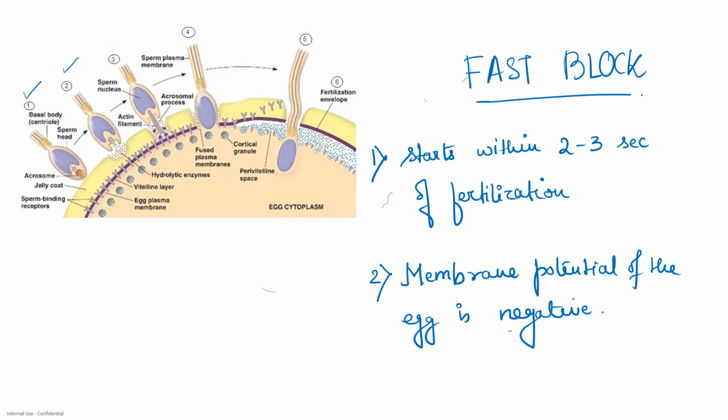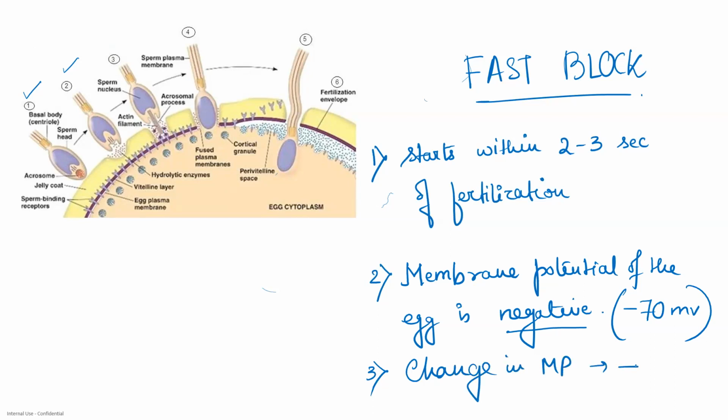There will be some change in the membrane potential, and this negative membrane potential changes to positive. It is initially around minus 70 millivolts. This changes to plus 20 millivolts, which is not at all required for sperm binding. Sperm doesn't need a positive membrane, it needs a negative membrane.